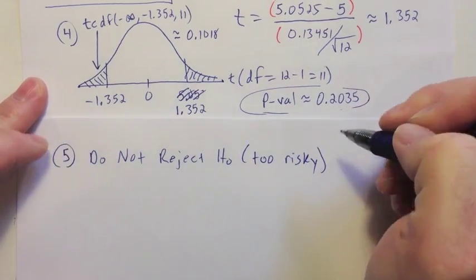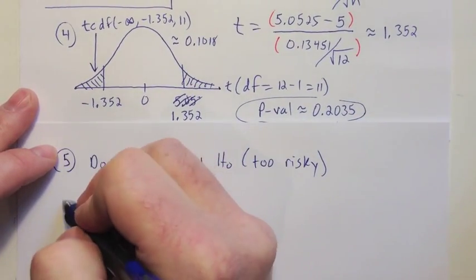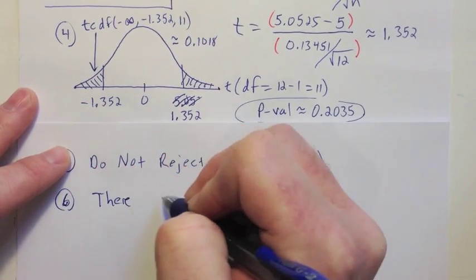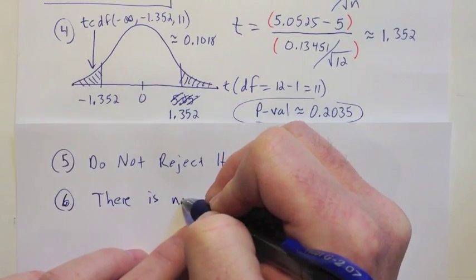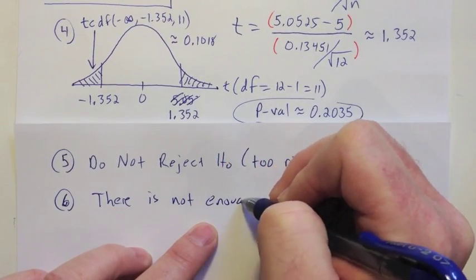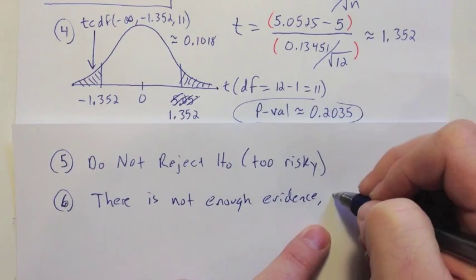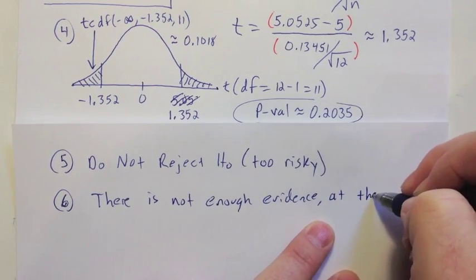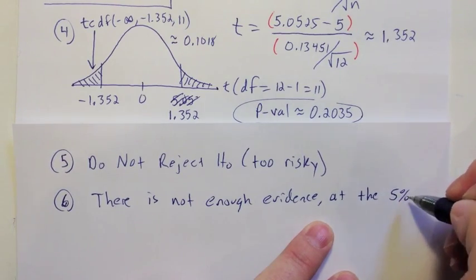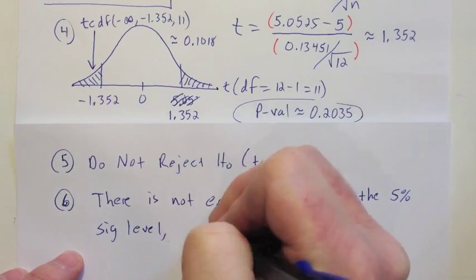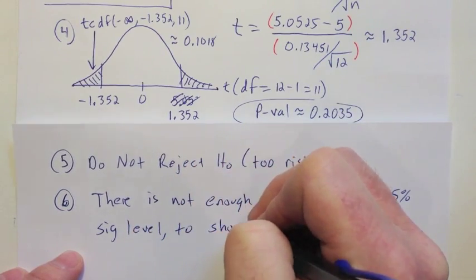And now that we've made our decision, we want to state our conclusion in words. So we didn't reject H0, so there is not enough evidence at the 5% significance level to show, and what were we trying to show?